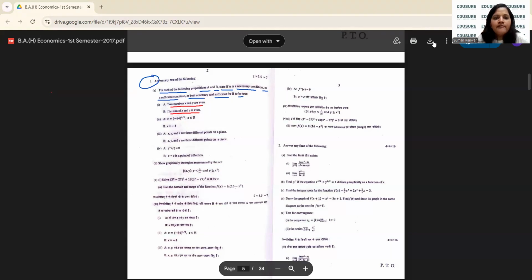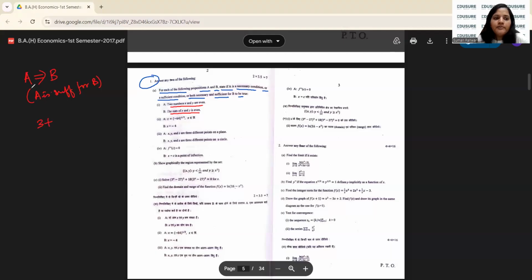Now, obviously, if x and y are even numbers, x plus y will definitely be an even number. So, A is sufficient for B because A implies B. Okay. Now, just look at B. The sum of x and y is even. Now, the sum of x and y can be even if both x and y are odd.